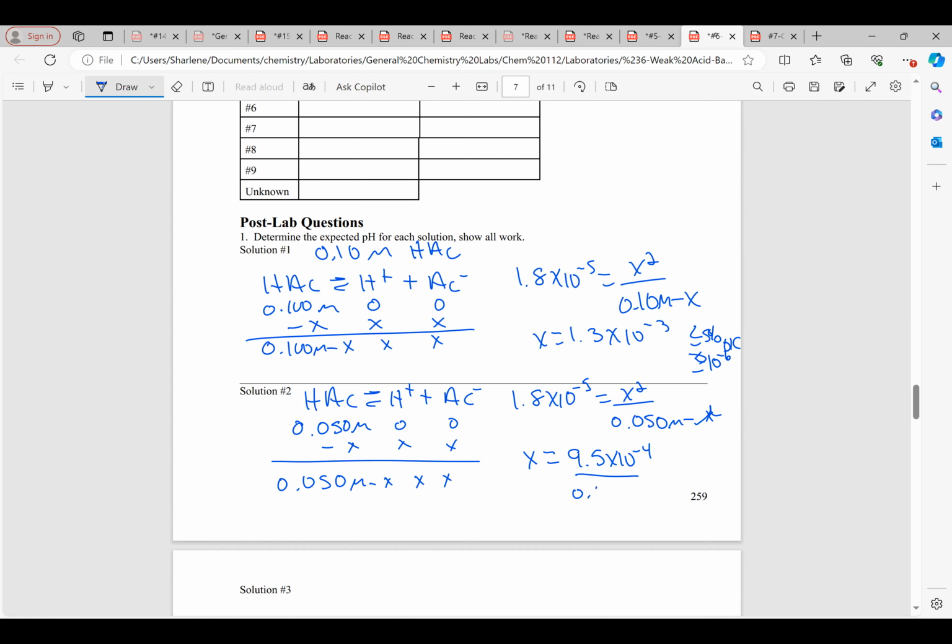So 0.05 times 100. 1.9%. So we're still good. And take the negative log of that. Is 3.02.